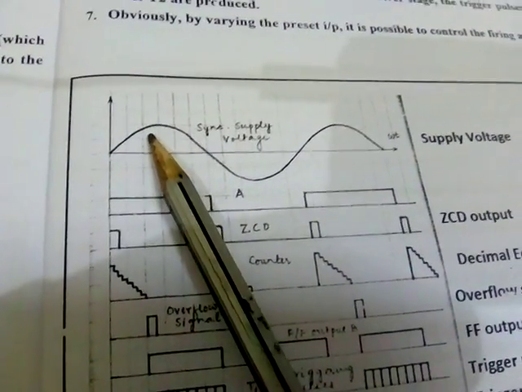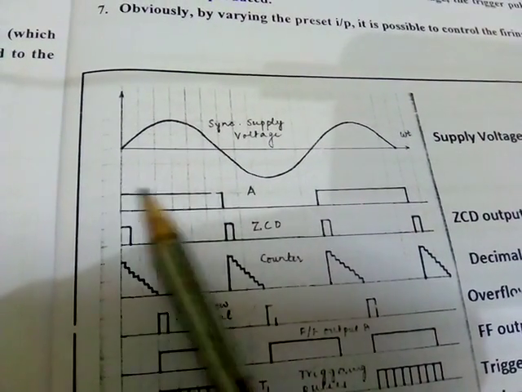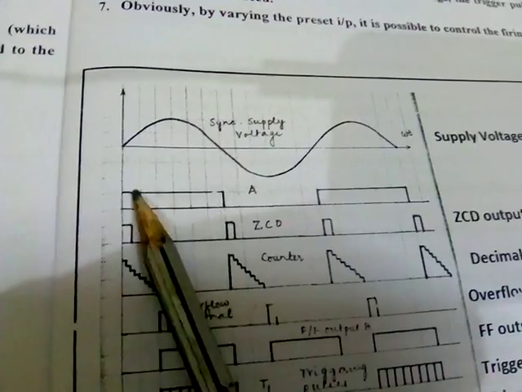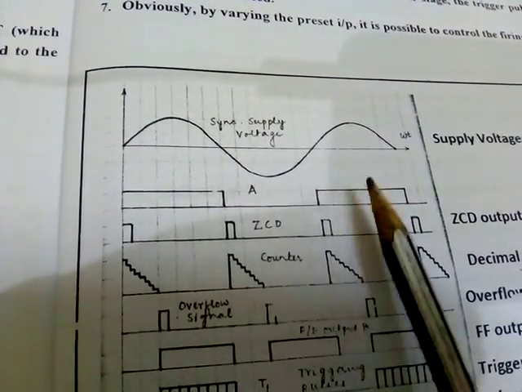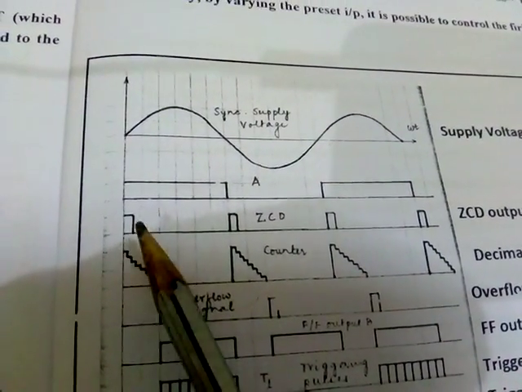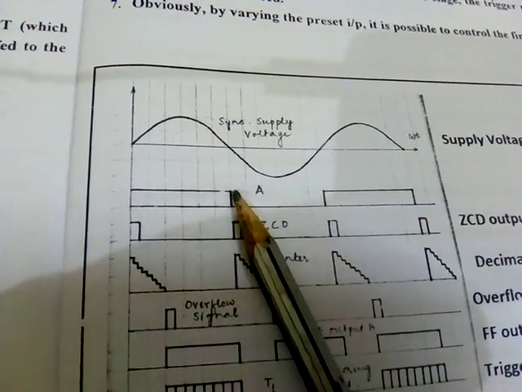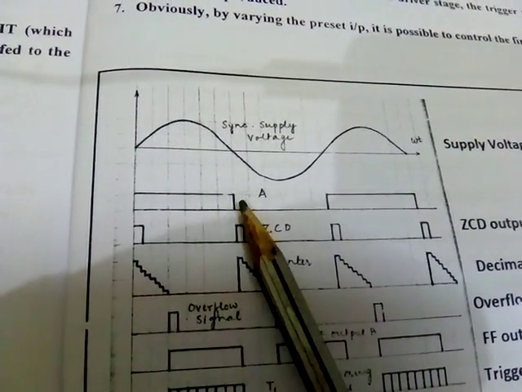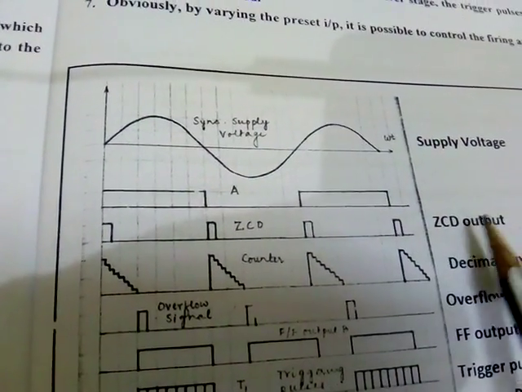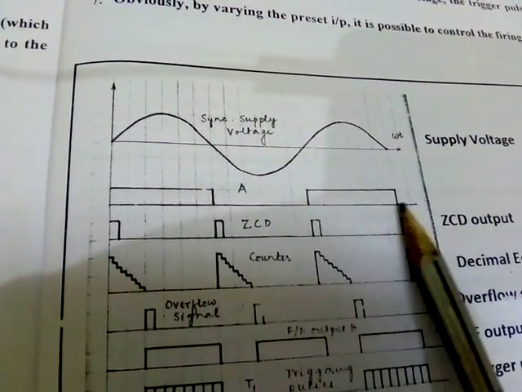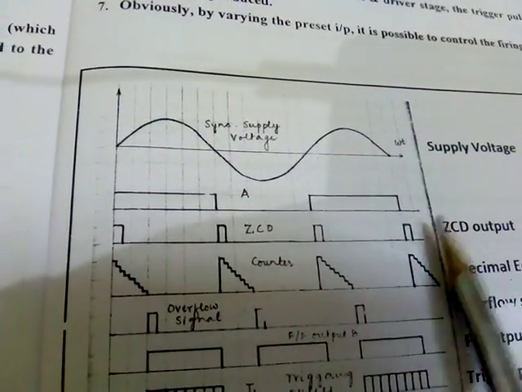First it will act as a rectifier here, but here you will have a pulse like this. Op amp acts like ZCD, you know that. And then this will be only at rising and falling. Those rising and falling edges will be taken and you will get these pulses. So this is ZCD output. You may write this or not, as you wish. So you get ZCD output like this.